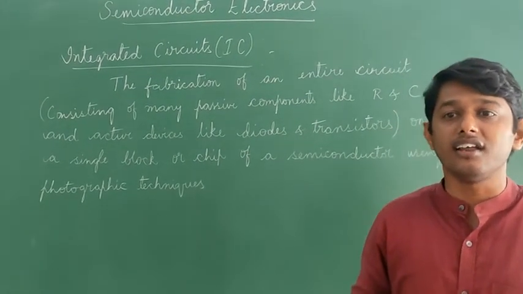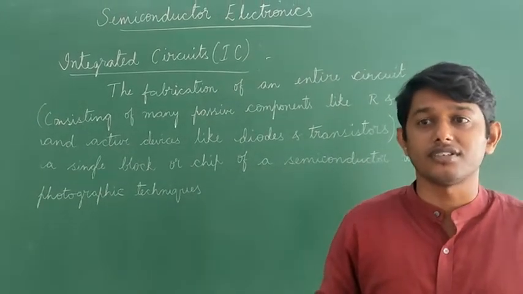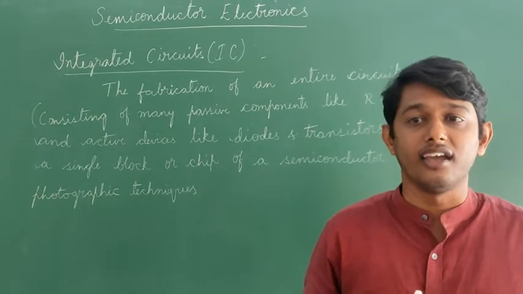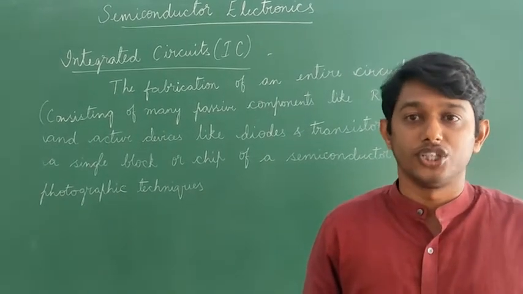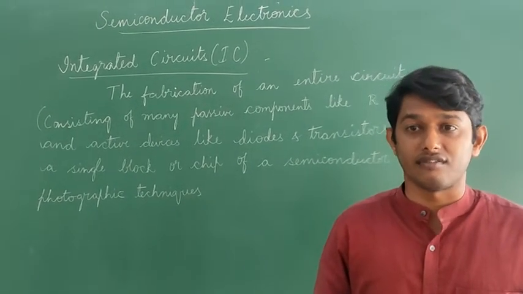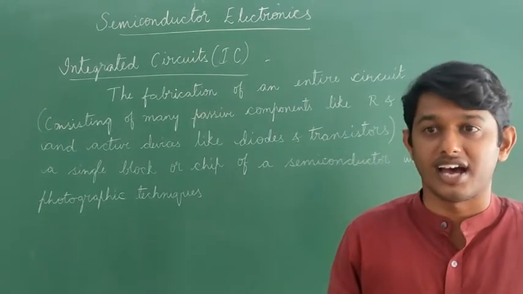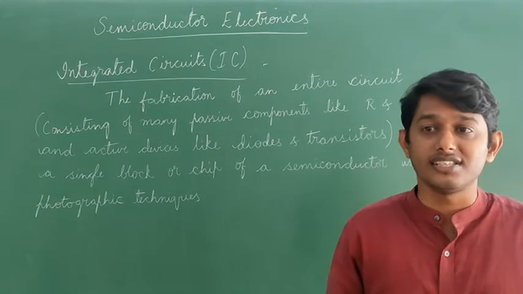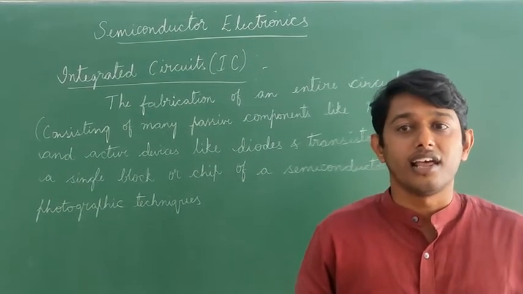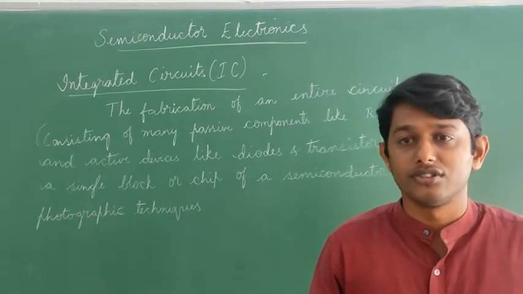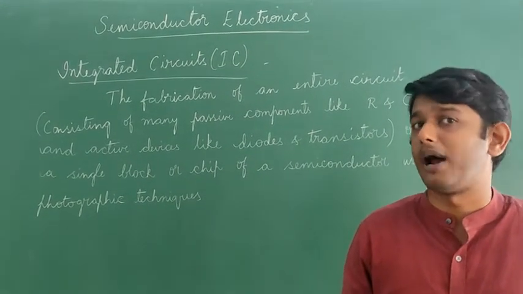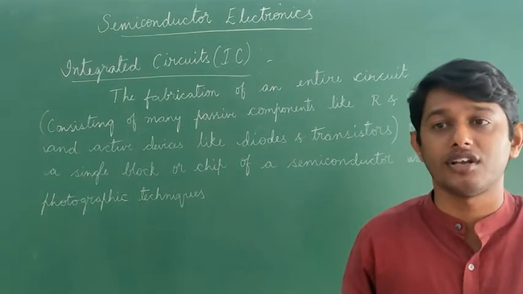The linear IC processes analog signals, that is, it varies linearly with the input. The most commonly used linear IC is op-amp, which is called as operational amplifier.